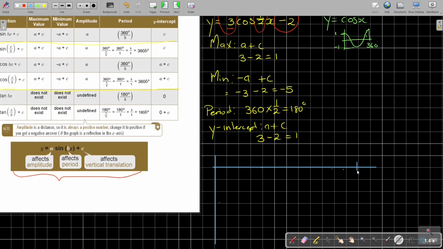So we can make that 360 degrees. Okay, so the half will be 1, 2, 3, 4, 5, 6. So that will be 120 degrees. Okay, there is 1, and then it's negative 1, 2, 3, 4, 5. There is negative 5. Again, it's good if you mark a few things.